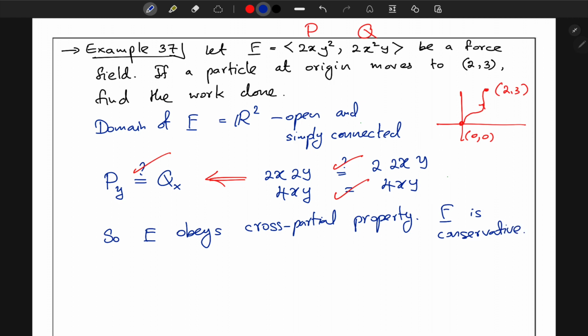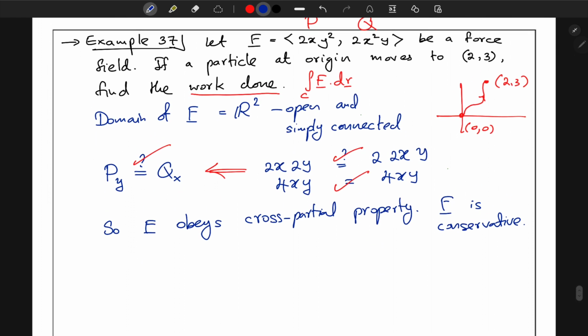Now, the work done is the integral, right? It is the vector line integral. To find the vector line integral, we need to first find the potential.